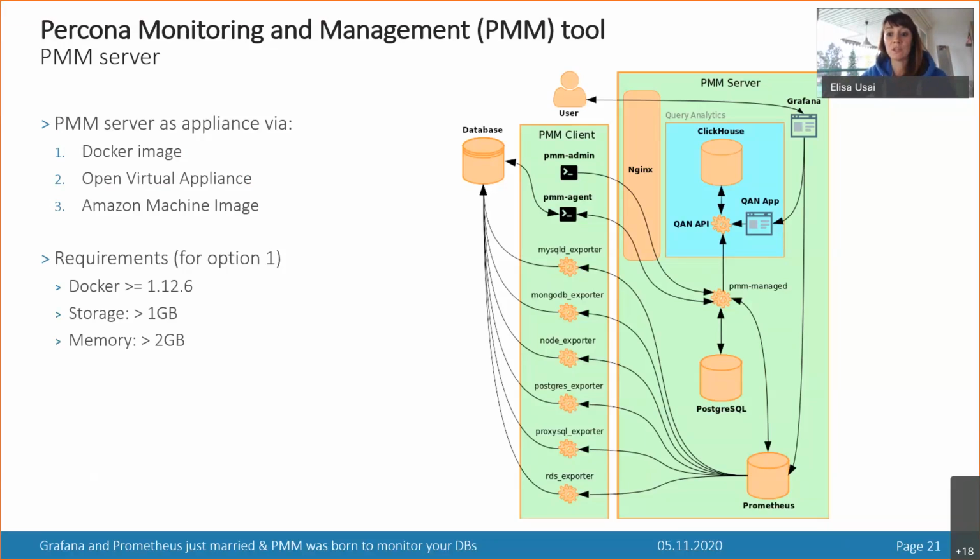For storage, PMM needs approximately 1 gigabyte for each database node to have a retention of 1 week. And you need a minimum of 2 gigabytes of memory for one monitored database node, but it's not linear. So, for example, to monitor 20 nodes, you could need 16 gigabytes.